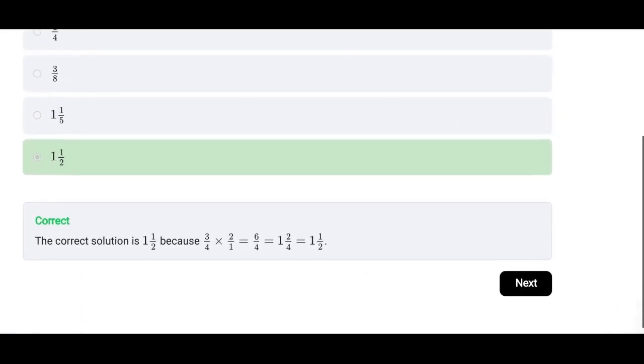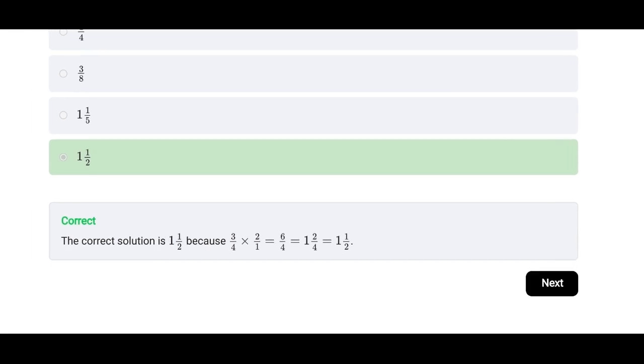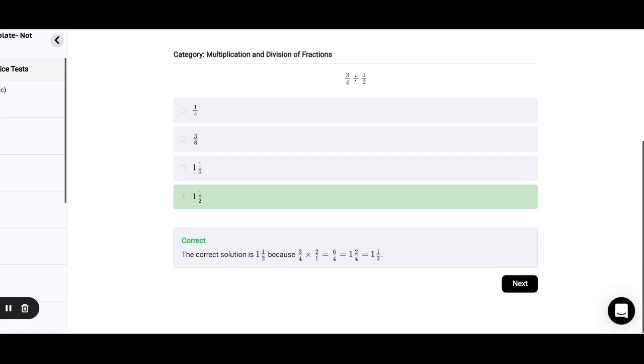And if you're wondering how that was done, it's 1 1/2 because when you multiply 3 over 4 and 2 over 1, you get 6 over 4. And then when you turn this into a mixed number, you get 1 and 2 over 4. And then when you simplify that, you get 1 1/2, or 1.5, if you were to turn it into a decimal.